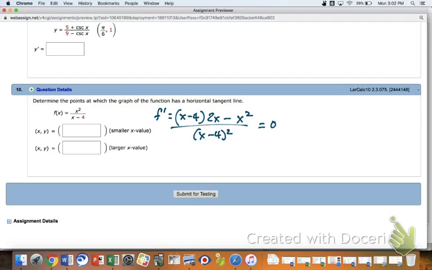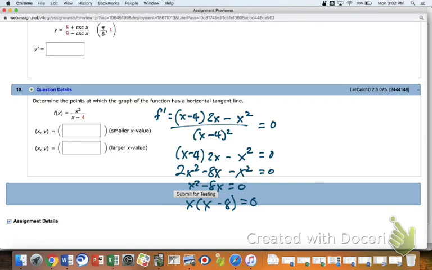Okay. So for this one, my numbers are a little bit different than yours, but I would just set the numerator equal to 0. And then you get 2x squared minus 8x minus x squared equal to 0. So it would be x squared minus 8x equals 0.